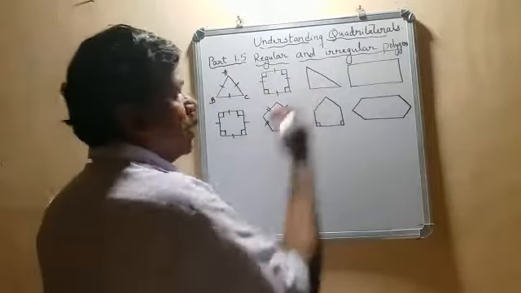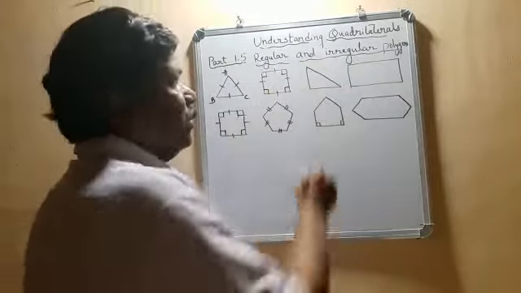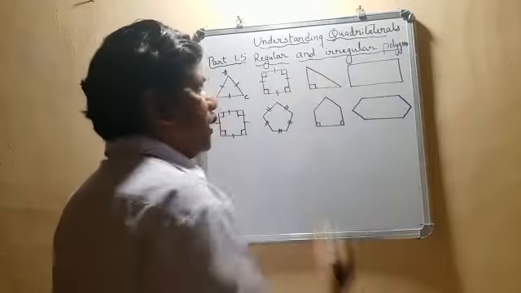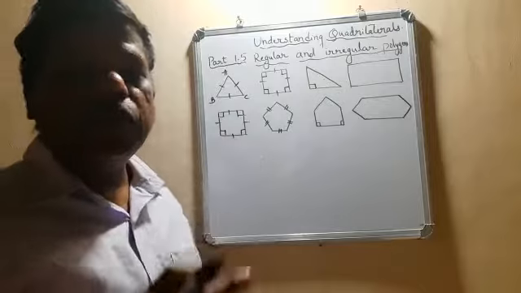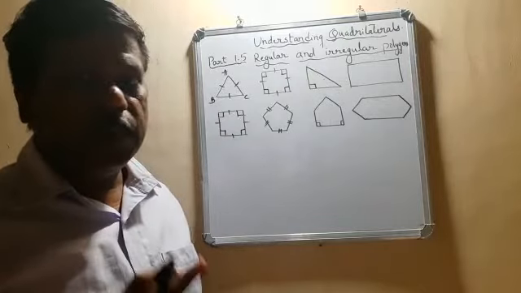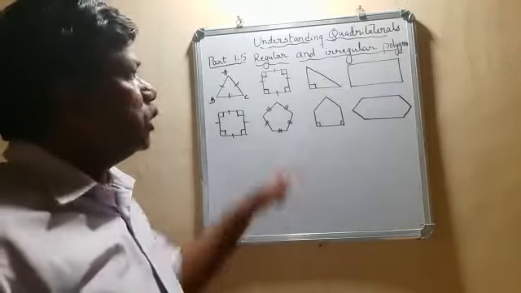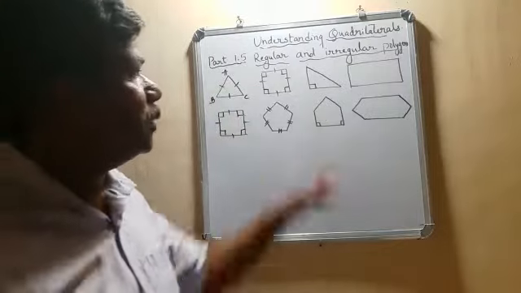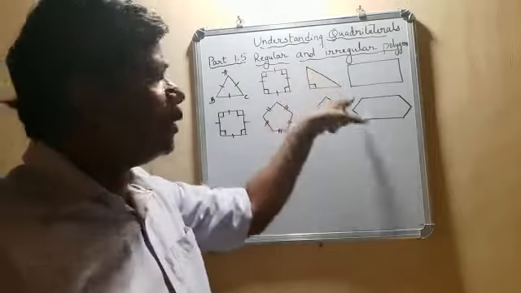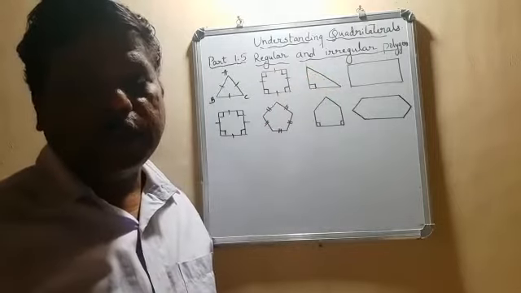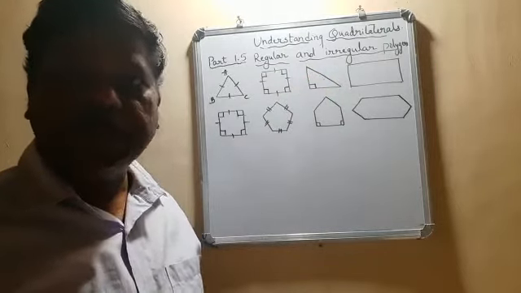Now let us come to this part. There is a triangle in which one of the angles is 90 degrees. Now you know that in a triangle, the sum of all interior angles will be 180 degrees. So if one of them is 90 degrees, the other two angles will definitely be less than 90 degrees because they are together going to add up to 90 degrees, isn't it? That will be complementary angles.